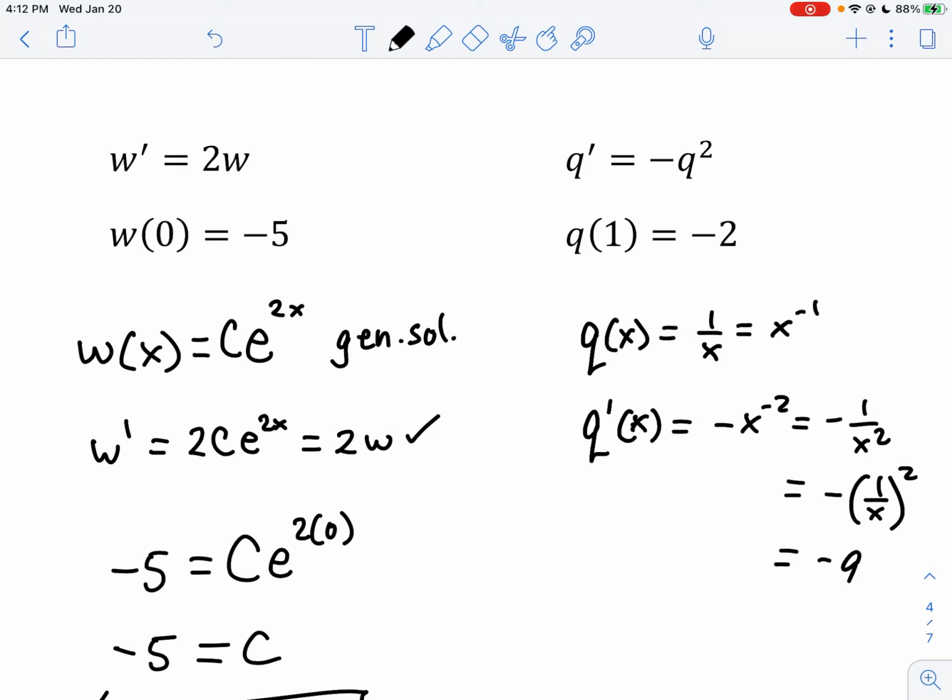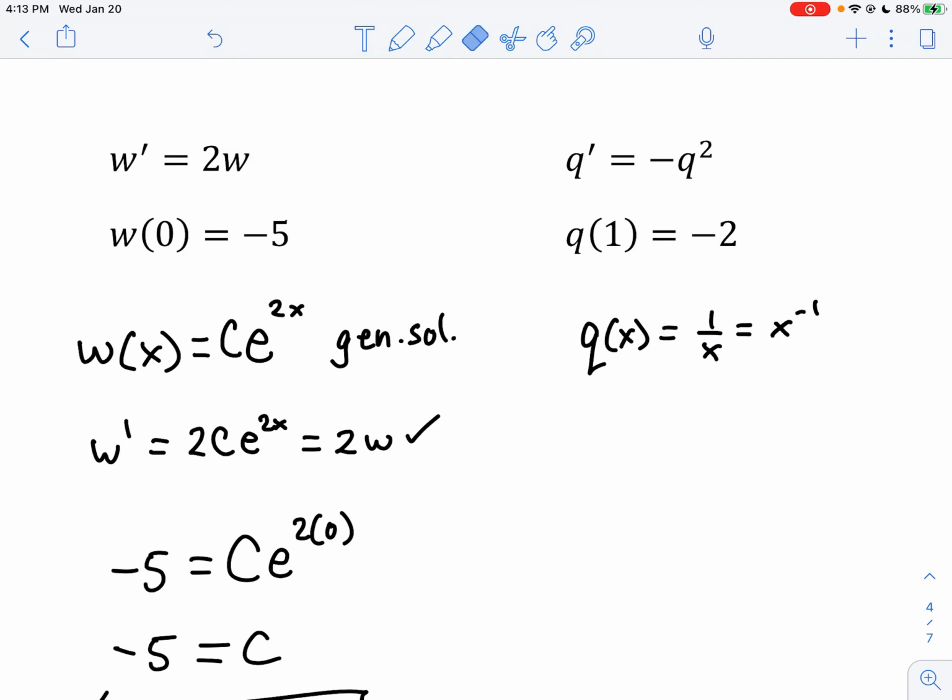In other words, it's equal to negative q squared, because q was 1 over x. Think about that. Seems like that's working. So if I differentiate this function q, I get the negative of the square of q. So it happens with a very simple function, 1 over x.